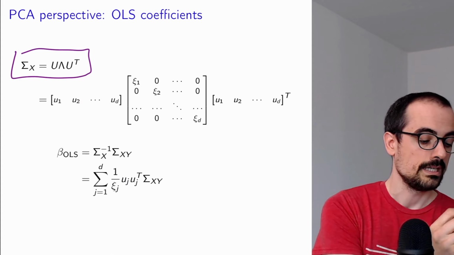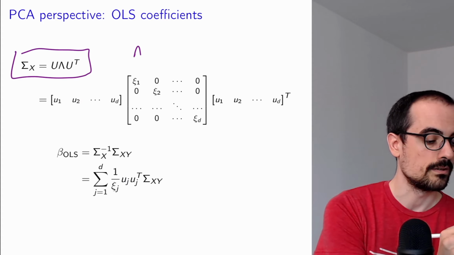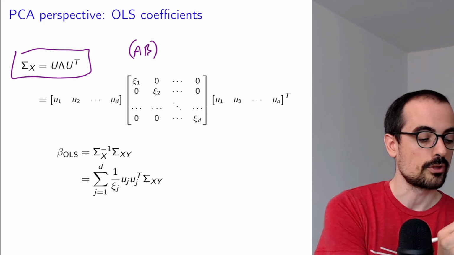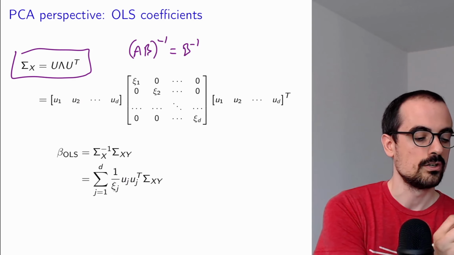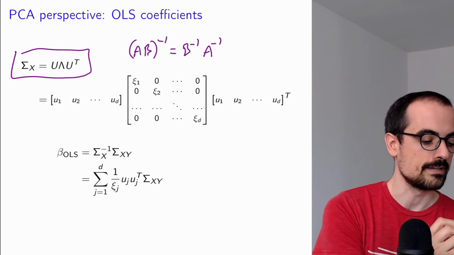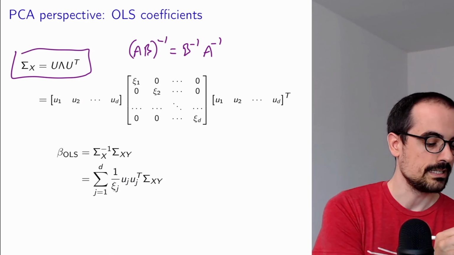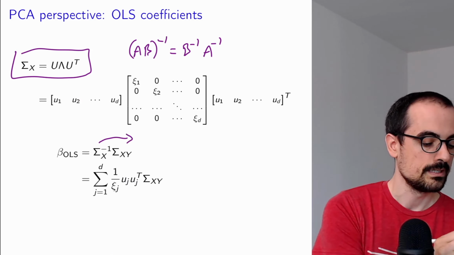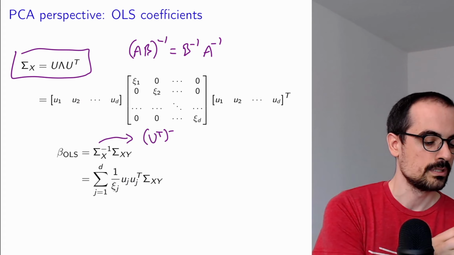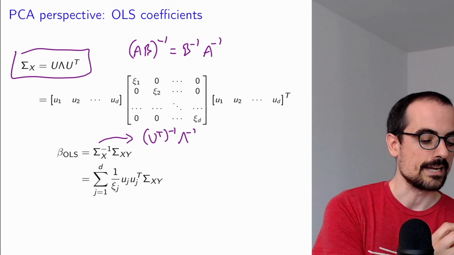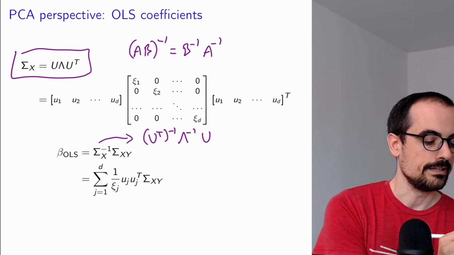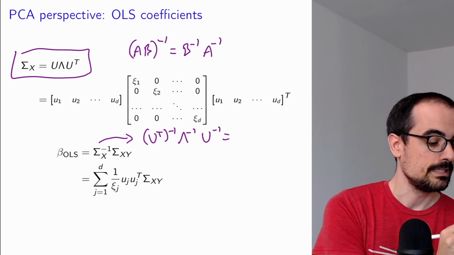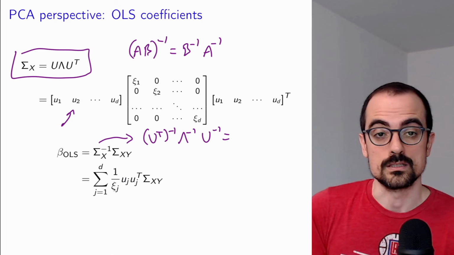Remember that the inverse of the product of two matrices A, B is equal to the inverse of B times the inverse of A. So this inverse is equal to the inverse of U transpose times the inverse of this diagonal matrix times the inverse of U. But these are orthonormal vectors.